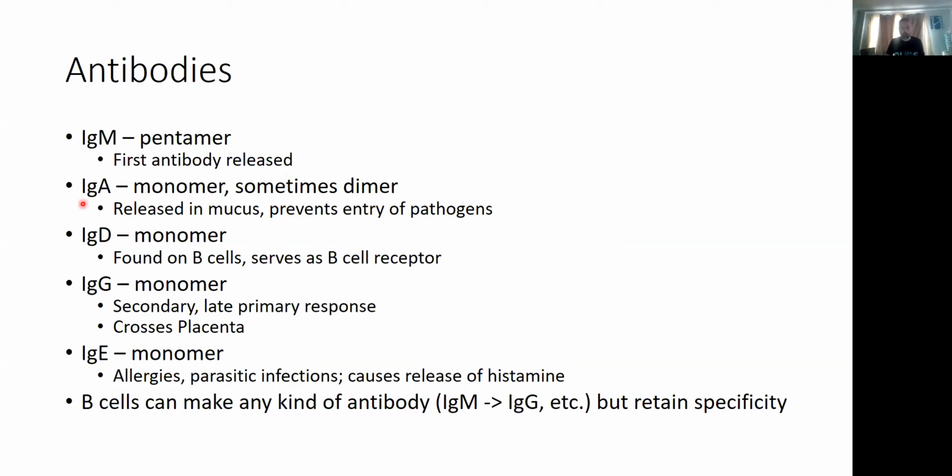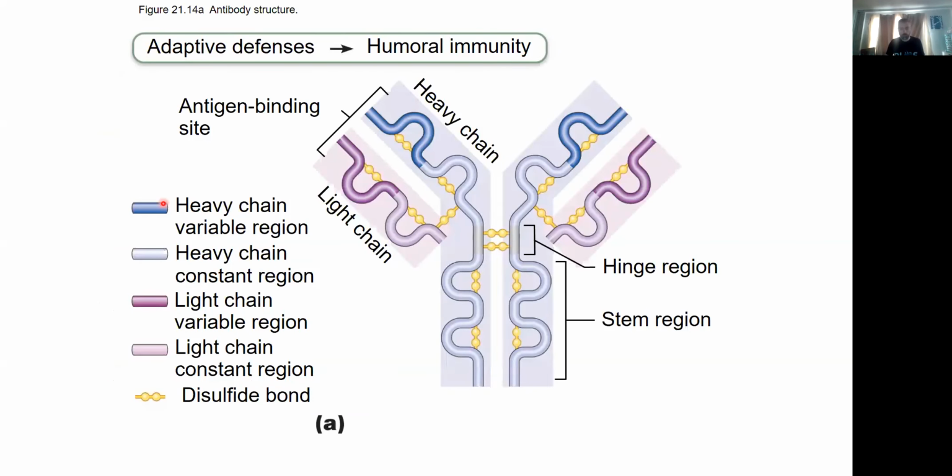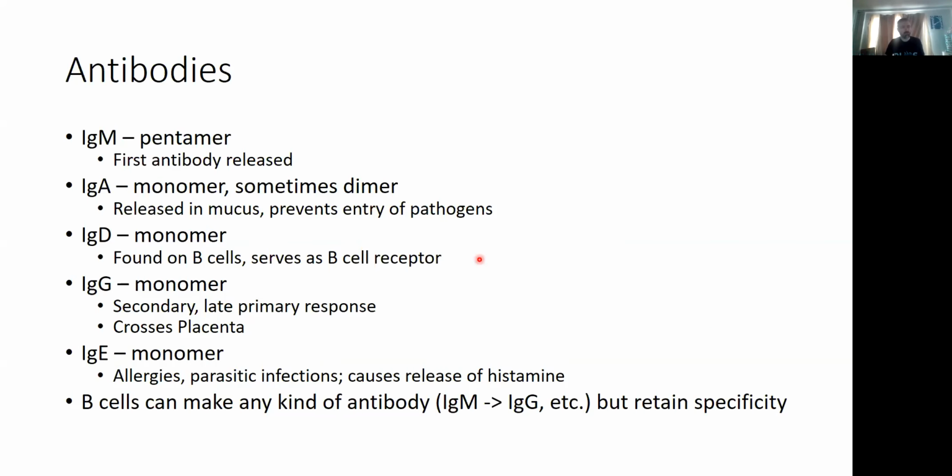IgA is a monomer, so just one of these guys, right? Sometimes it's a dimer, which is 2. Okay, not infrequently, but it's certainly not the most common form of it. And we make this in mucus, right? So we talk about mucus being kind of a means to try to prevent pathogens from getting in. IgA is a part of that.